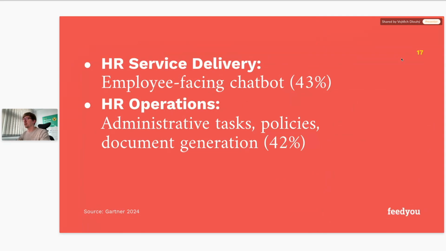So we can answer the monkey tasks and monkey questions, so that you have more time to further build the relationship with your employees. So it's an employee facing chatbot, or a solution which is built above some policies, documents, internal documents, and so on.